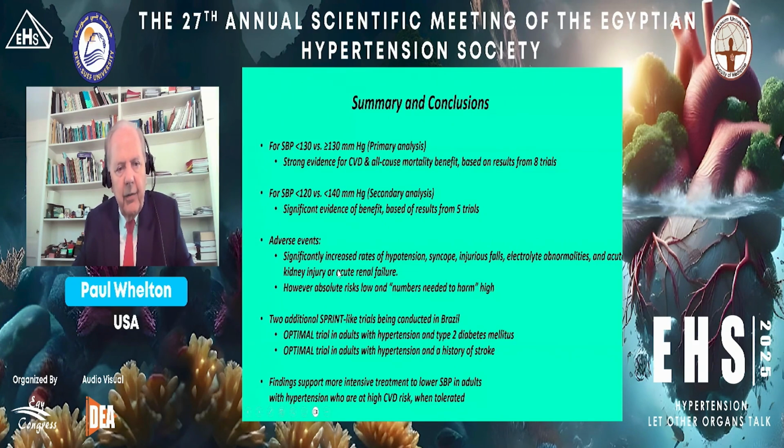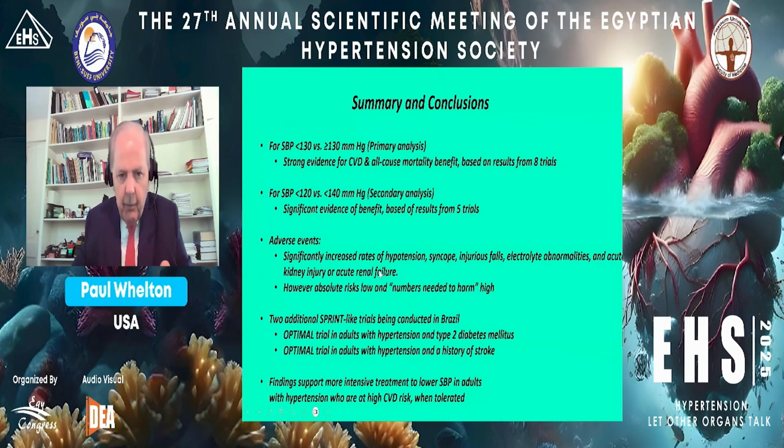For the 120s versus 150, a smaller number of trials, 5 trials, but again, strong evidence, significant benefit for both cardiovascular and all-cause mortality. There were adverse events, including hypotension, syncope, injuries, falls, electrolyte abnormalities, and acute kidney injury or acute renal failure reports.